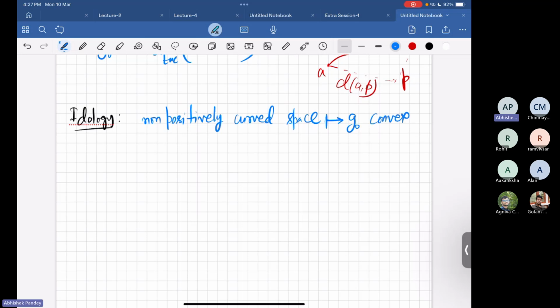What does it mean? It means that g naught of t is less than or equal to g of t. We want this condition, and this is going to be our definition.